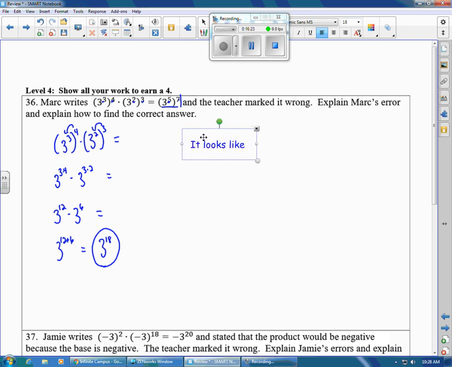It looks like Mark added the exponents across.